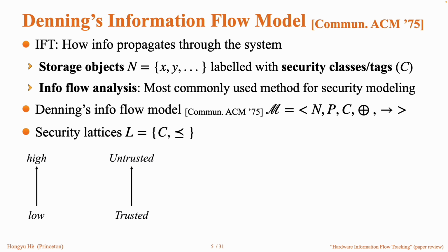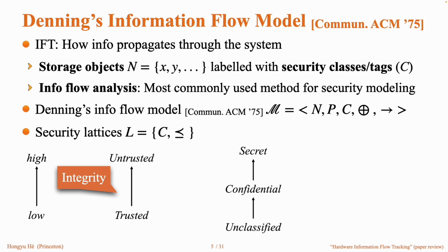In this case, we have the high label and low label, and the second figure shows that the trusted information can flow to the untrusted, but the untrusted sources can't tamper with the trusted, right? So this is the integrity property, and we can also formulate this in a similar way, saying that unclassified information can't flow to the secret sources, and this is the confidentiality.